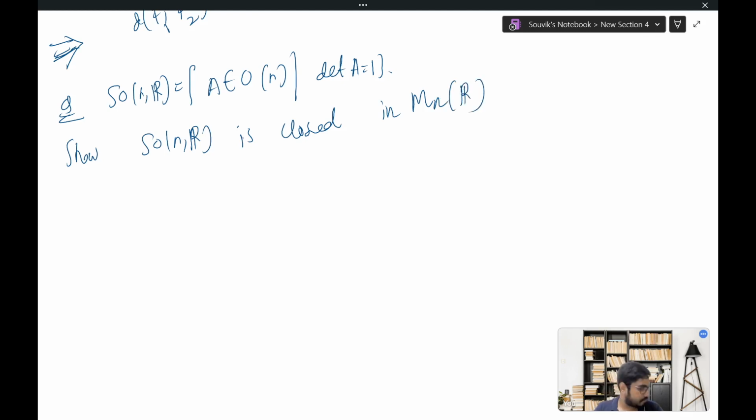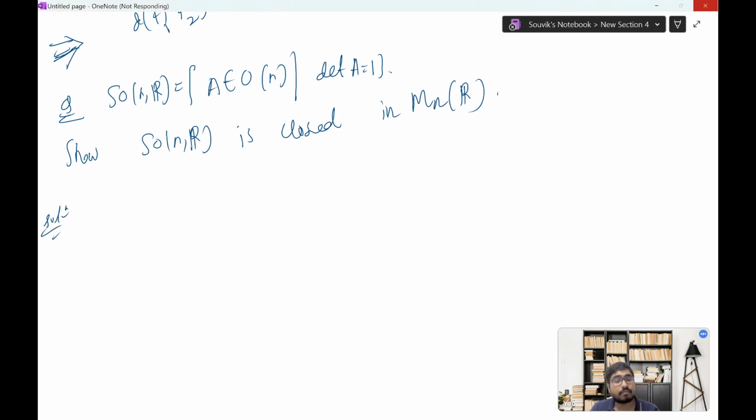How to do it? As one might guess, here we need to consider a function, the inverse image of a point.